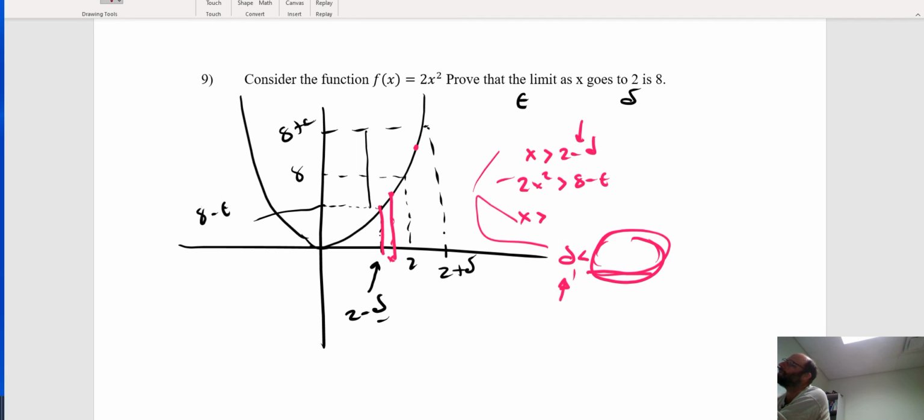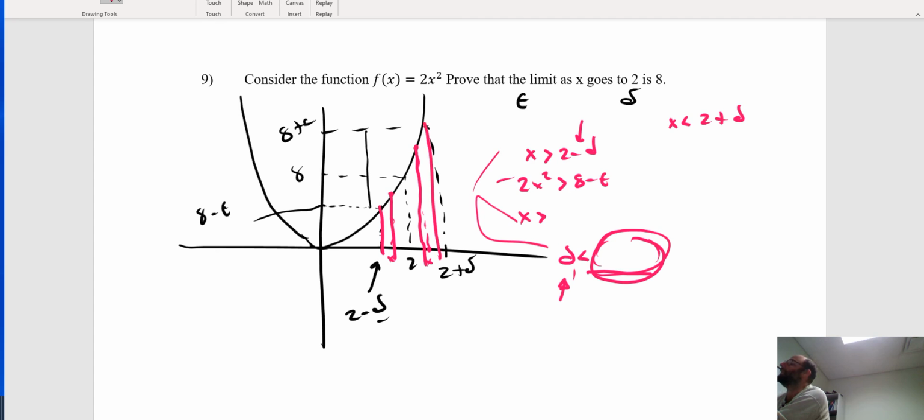Okay, right hand side. So imagine we're over here somewhere. There's my x value. Notice that x is to the left of 2 plus delta, so we can write an inequality, x less than 2 plus delta. Notice the function, that's this distance, is below this one.